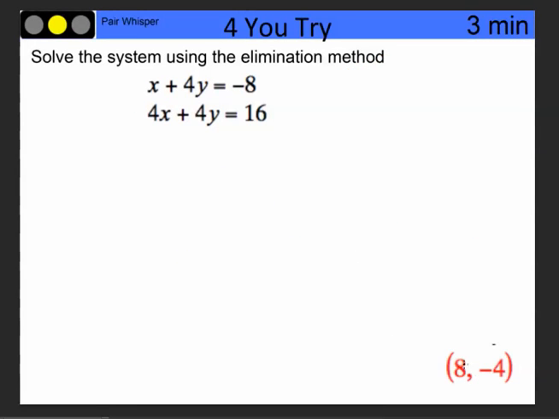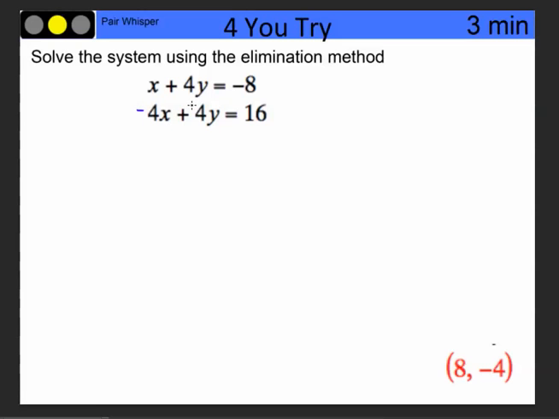All right, try this one on your own as well. Pause the video now. All right, so this one, because these both have a coefficient of positive 4, I want to go ahead and change the sign of everything in this. I can really do it in either equation, but I can do it in the second one.